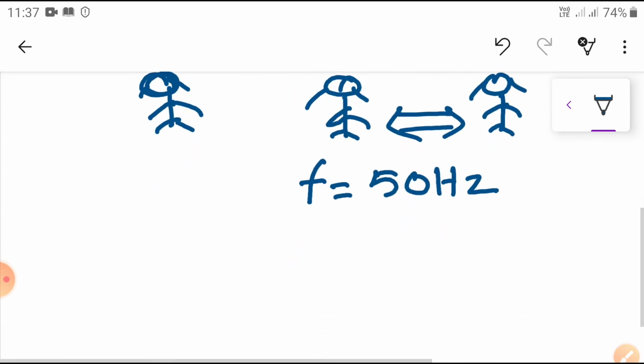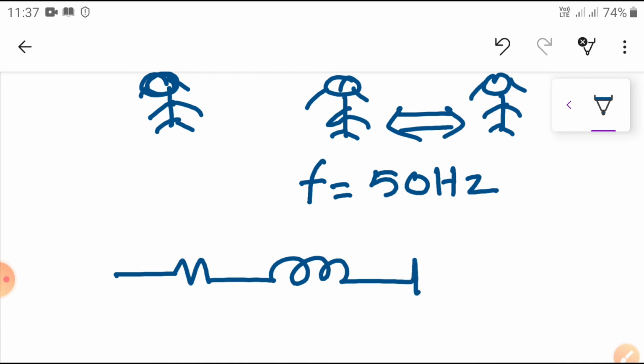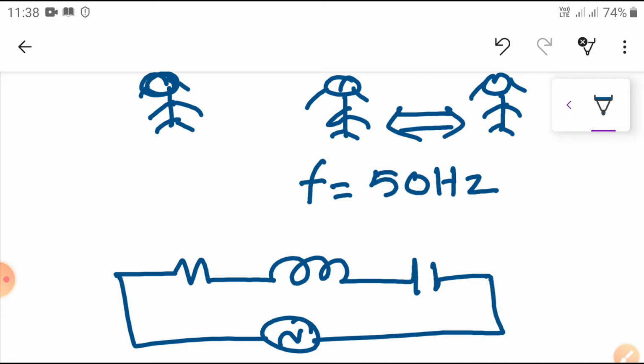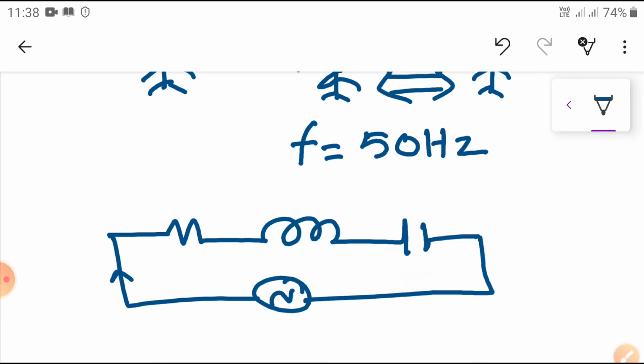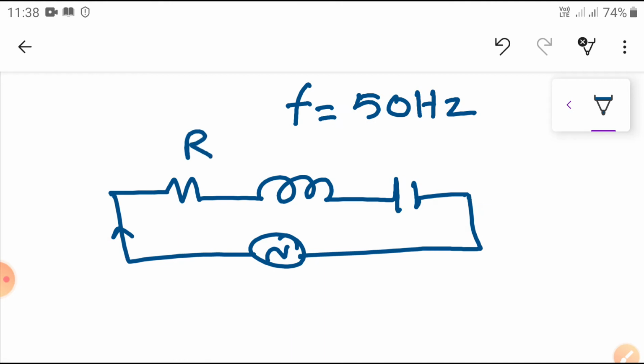What you have seen in previous cases: resistance, inductance and capacitance connected in series with the help of the voltage source, and the current flowing through the circuit sees XL and XC. The current is the same across all of them.